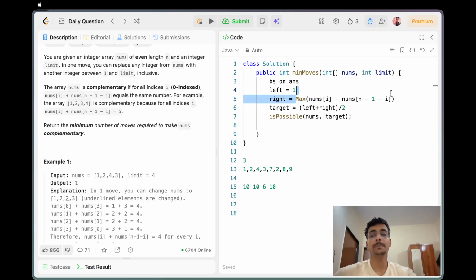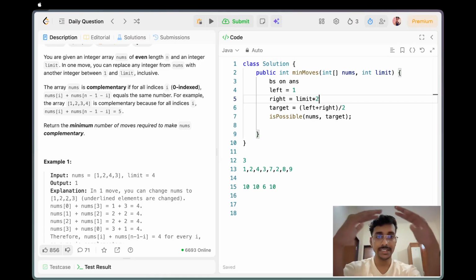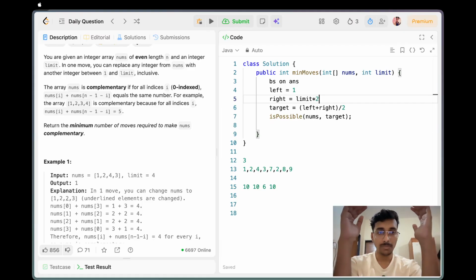The maximum will be simply as simple as that. The maximum will be limit into 2. Why into 2? Because even though we change two complementary indices, at max it will be limit plus limit, the maximum value of limit plus the maximum value of limit.